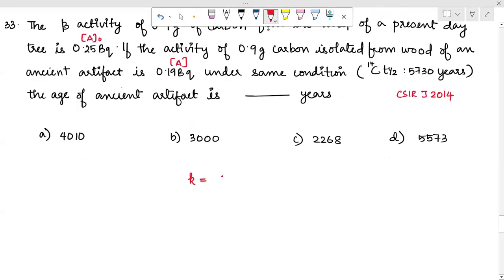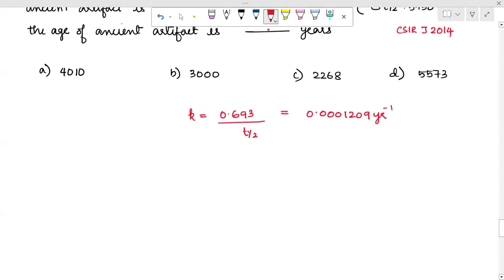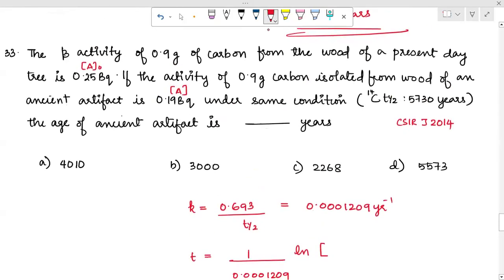You will find K first, 0.693 by T half. Now, this is the third time we are doing this, which is equal to 0.0001209 per year. Okay. Now, you will use the integrated rate equation. T is equal to 1 by 0.0001209 ln of initial value of the disintegration.